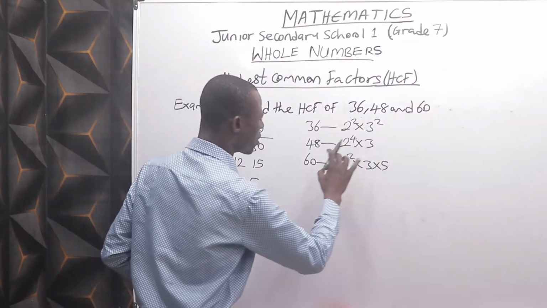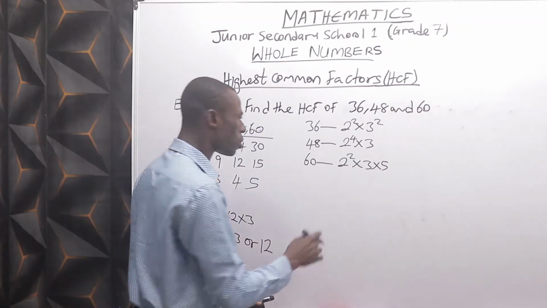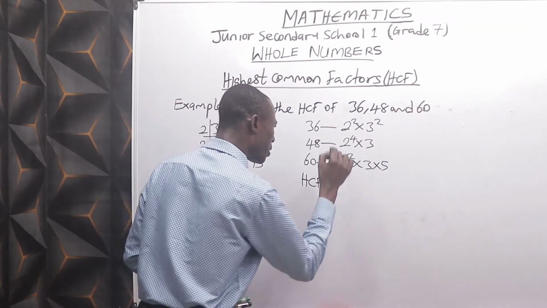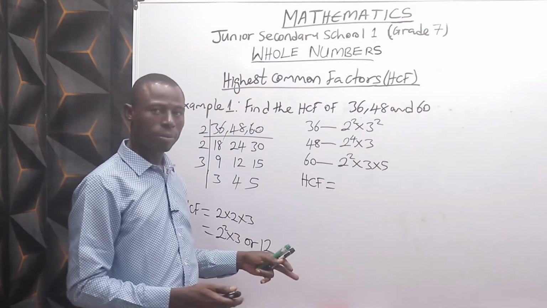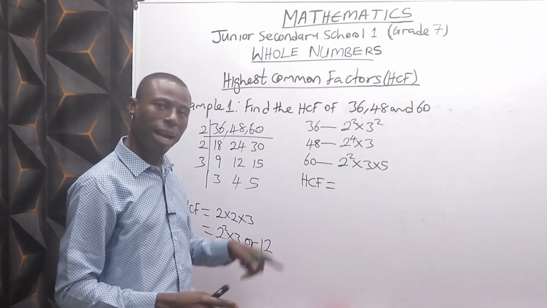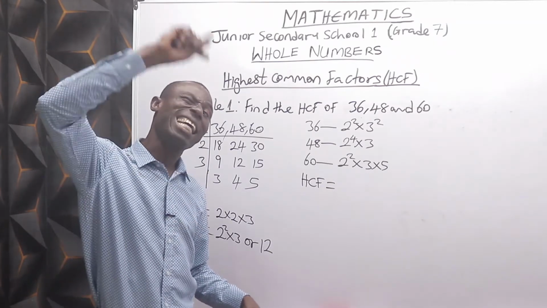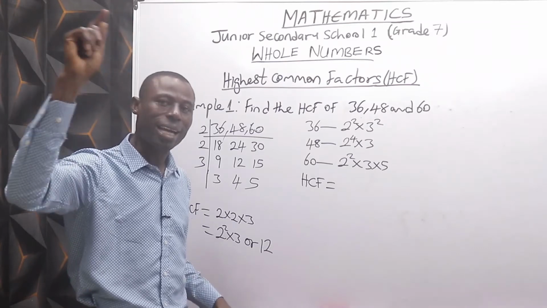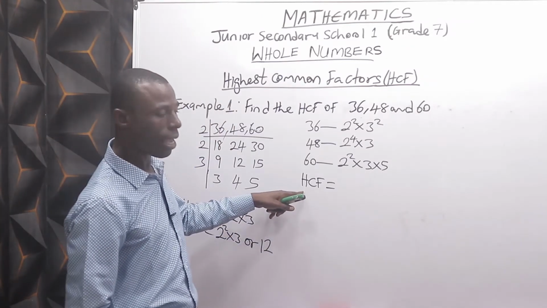Now, having expressed each of them as a product of their prime factors, how do we extract our HCF in this regard? Don't forget, for the LCM, L means lowest. So in that LCM, we pick every available factor in their highest power, the opposite of lowest. Now we do the same here.